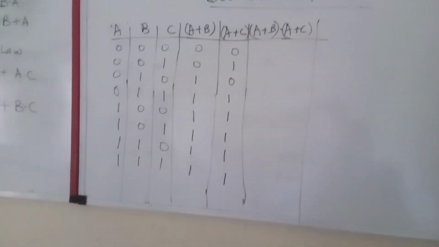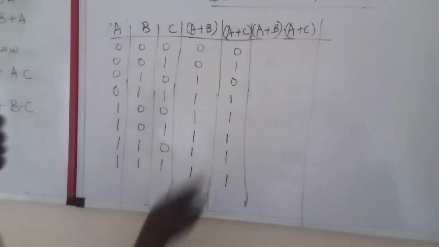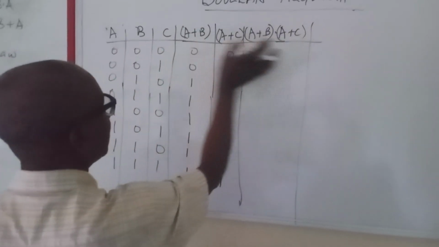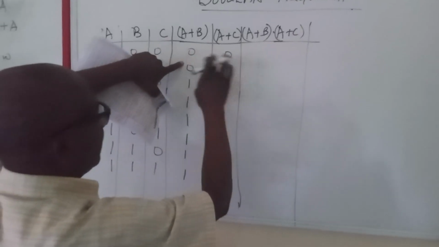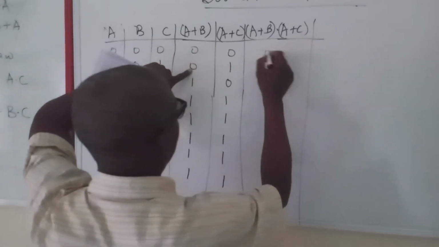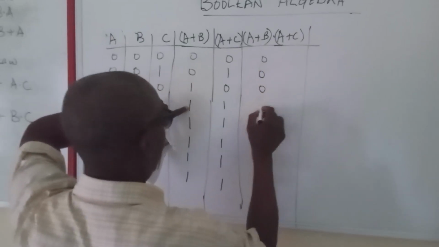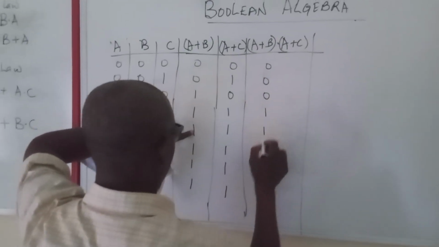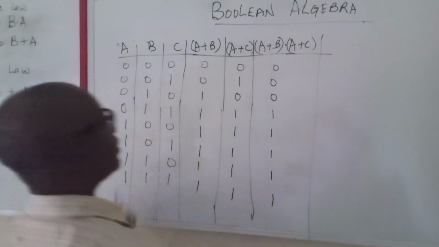That's A or C. So A or B and A or C. Now we are using AND here. So we have 0, 0, 0, 1, 1, 1, 1, 1.